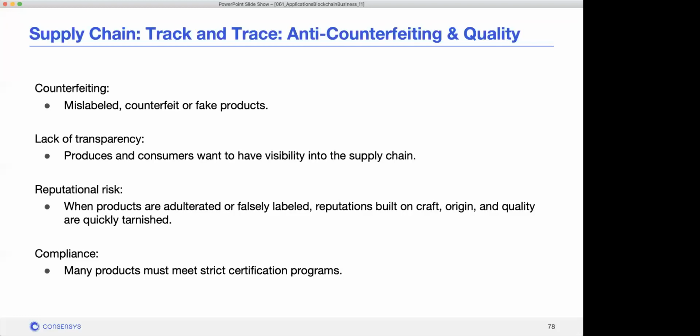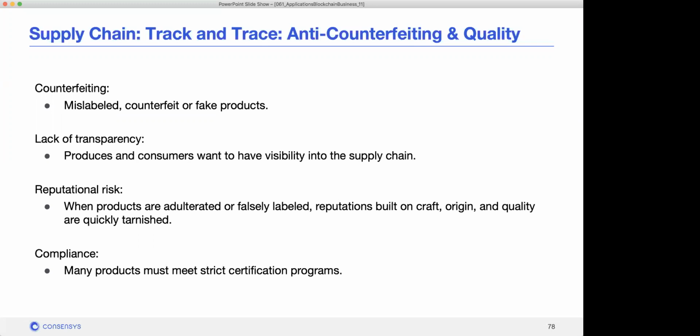So, supply chain. There are multiple areas of supply chain applications which are interesting. One of them is anti-counterfeiting and quality assurance. If you're a manufacturer, you're worried about counterfeit products. As producers, you don't have visibility into the supply chain.